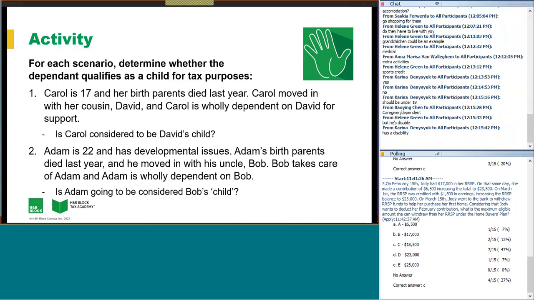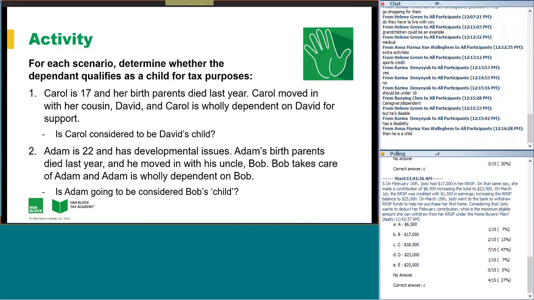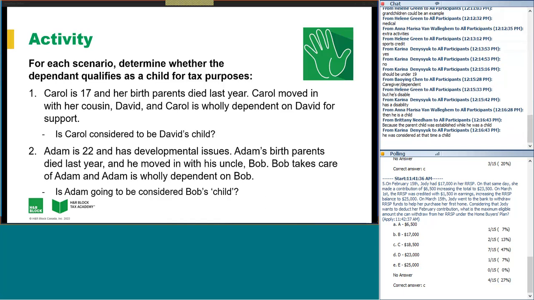So if he first moved in with Bob, his uncle, the day before his 19th birthday, and now he's 22, then he is a child of Bob's because he became a child of Bob's when he moved in with him, while he was still a minor. That relationship will continue because the parent-child relationship was established while he was a child. So the dates will matter in this case.